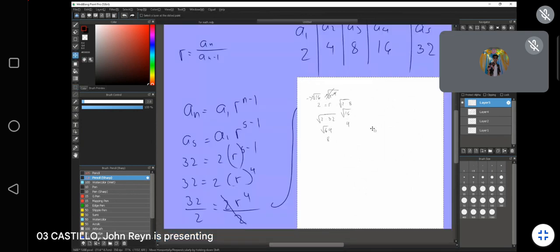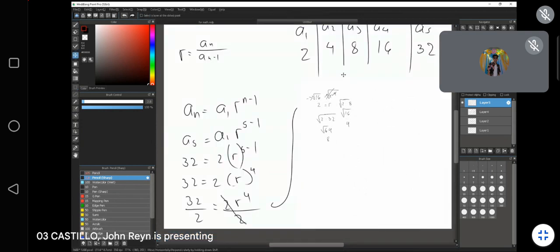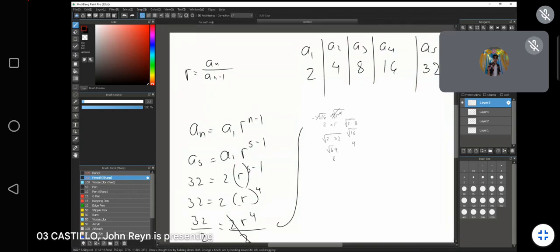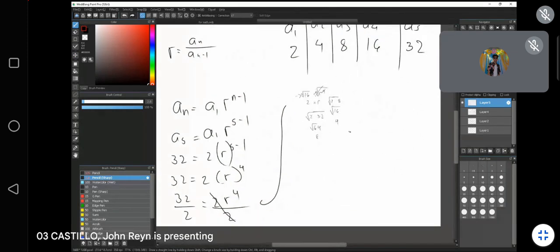So again, we're gonna times it. So 8, multiply it and square root it. So 8 times 32 would be 256. Then square root it, that would be 16.